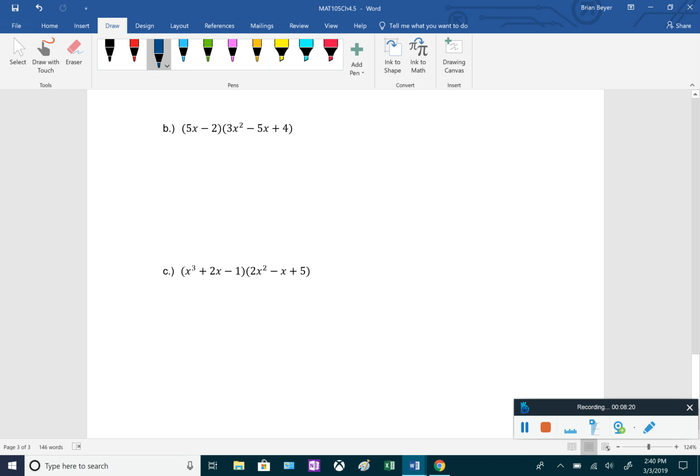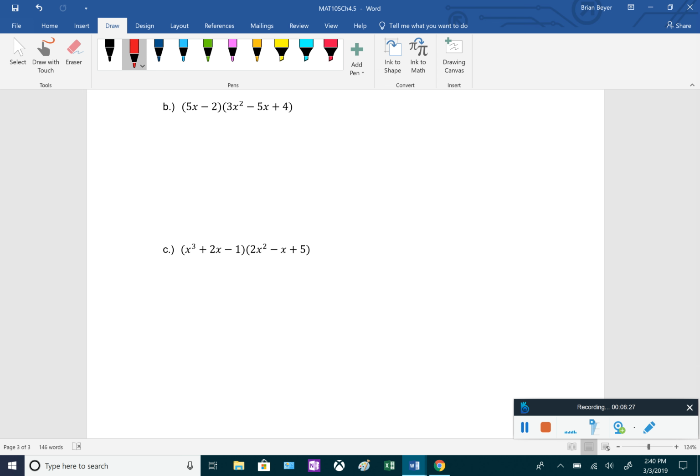Okay, and then for b here, we have 5x minus 2 times 3x squared minus 5x plus 4. So we're going to distribute the 5x into each term, and then distribute the negative 2.